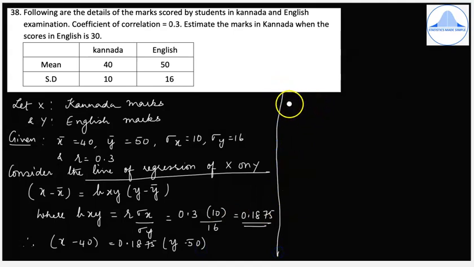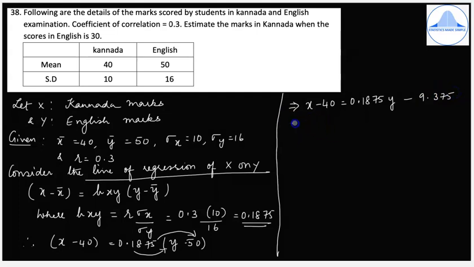Simplifying further, because it's a line of regression of X on Y, we should retain only the X term on the left hand side and all the other terms should be taken to the right hand side. So you'll get X minus 40 is equal to 0.1875, first multiply with Y and then multiply it with 50. So you'll get 0.1875 Y minus 0.1875 into 50 will give 9.375.